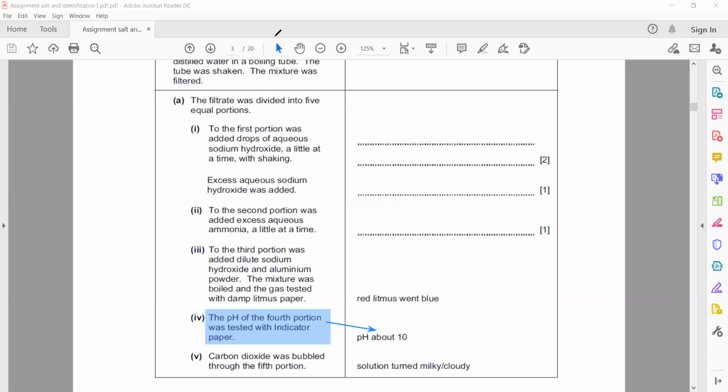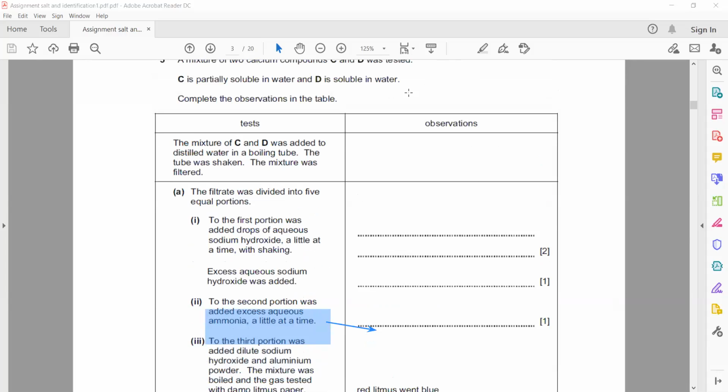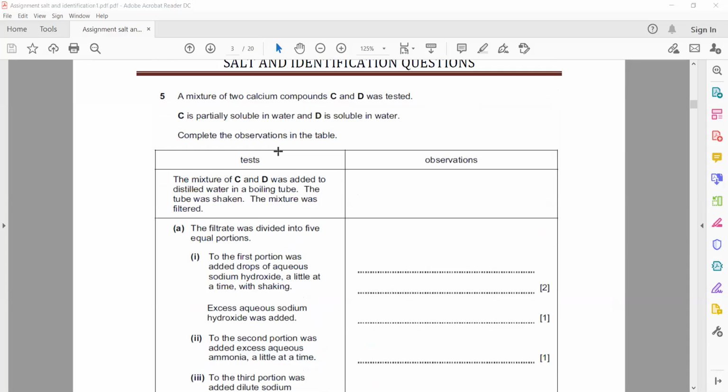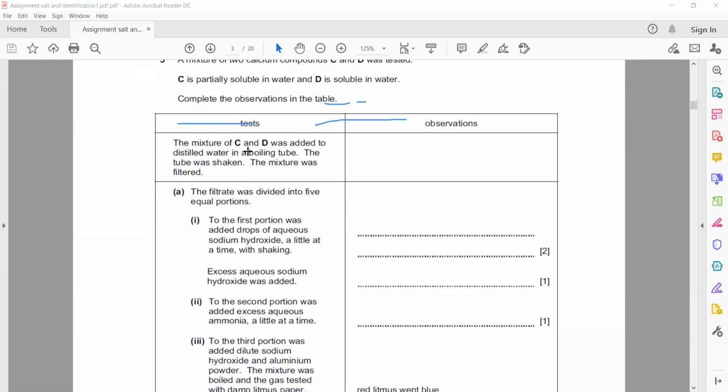Look, I will repeat what happened in the question, for everyone. You have a mixture of C and D. C is partially soluble, a small amount of C can dissolve, and D is completely soluble. So C and D were added to distilled water, the test tube was shaken, and the mixture was filtered.